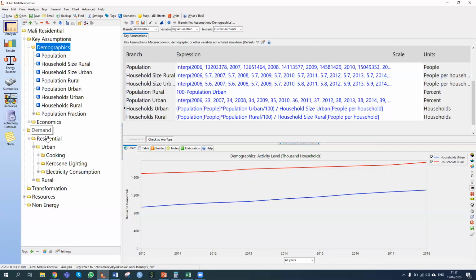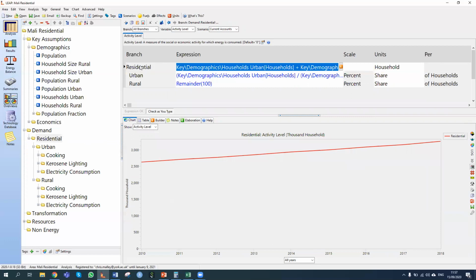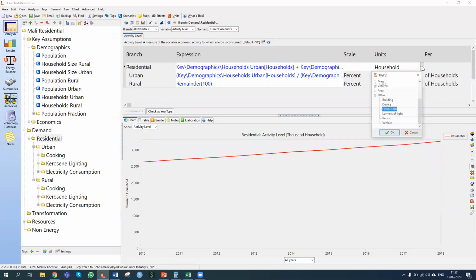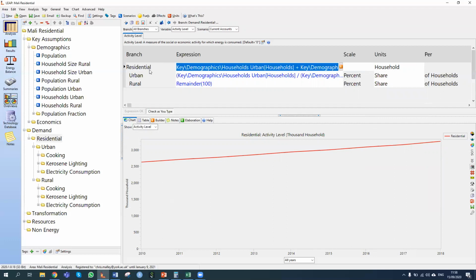Underneath demand, we now need to create our residential structure, the modeling framework to look at our residential data set. So our first branch is the residential sector, and the activity level there is set as the number of households. So we've selected the unit of our residential sector as the number of households.